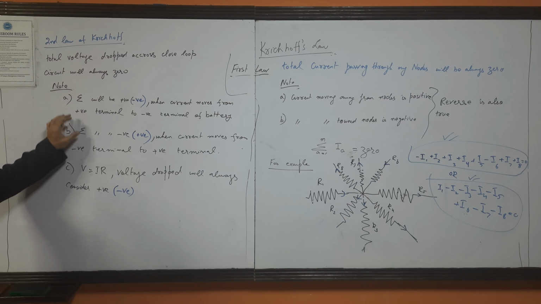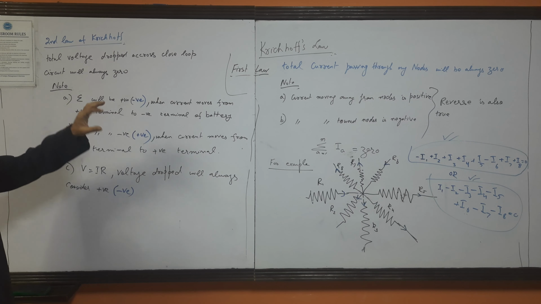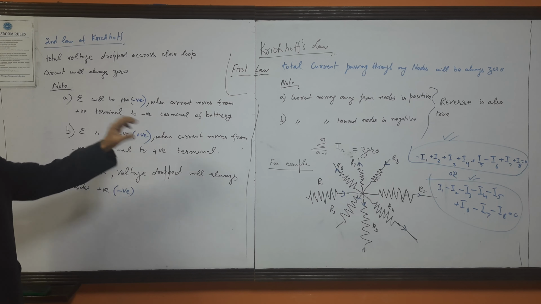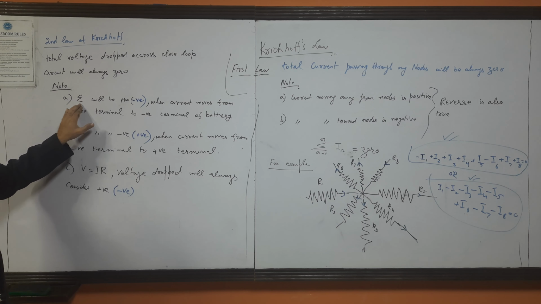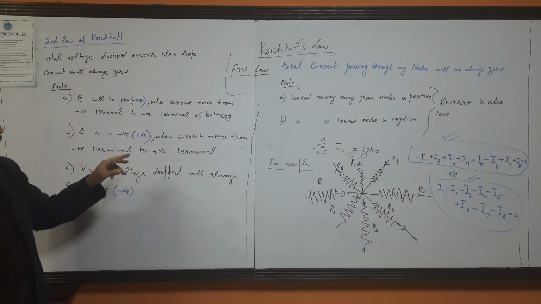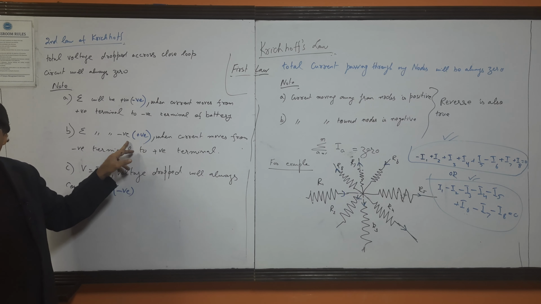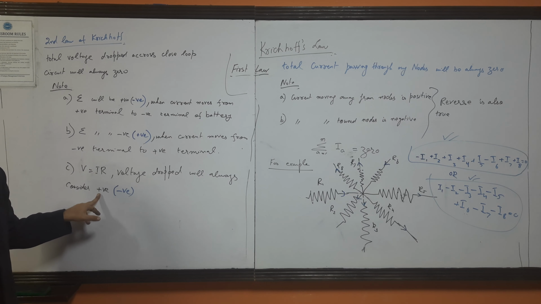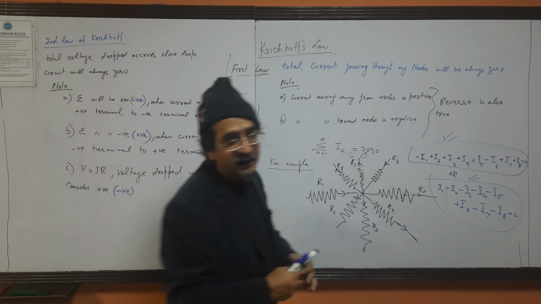Both are EMF, both are the terminals of the battery. I will explain it with an example. This voltage of the battery will be considered positive if you are moving from positive to negative. If you are considering the current from negative to positive, then it will be negative, and this will always be positive. I will explain it with the example.